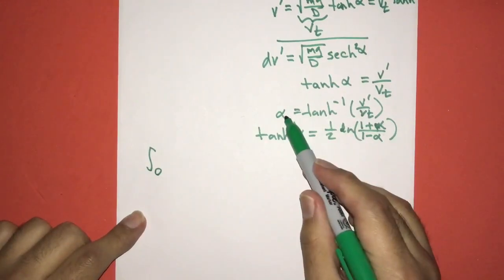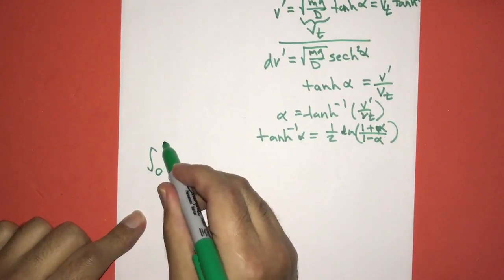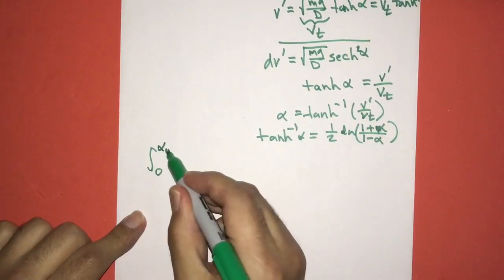The upper limit's going to be a little more complicated, so let's simplify right now. We're just going to put alpha sub u to let us know that this is our upper limit of integration.